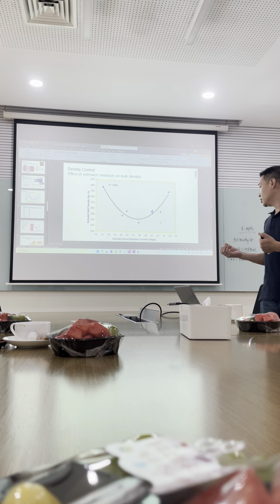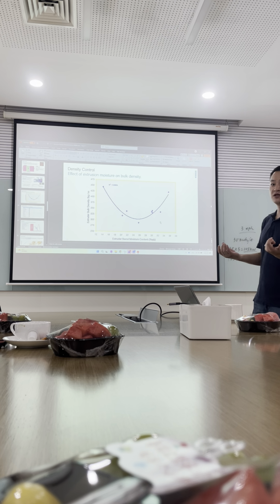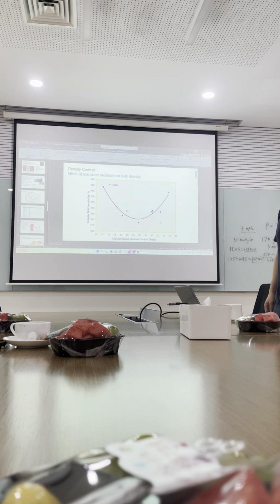So with a lower specific mechanical energy, your driving force is lower and resisting force is higher. So it's not easy to get expanded, so the bulk density will go higher.